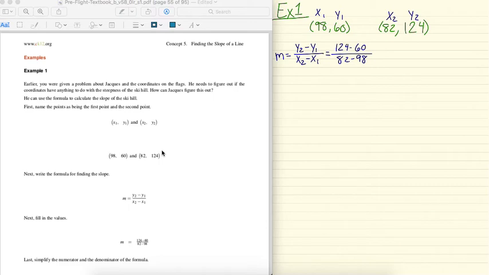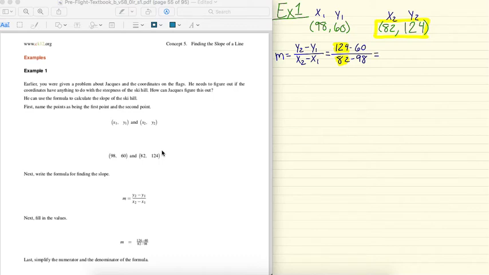What I mean by that is 124 is paired with 82 in this point above. Notice that I have each of those numbers written first in my numerator and denominator, and I have the other numbers written second. So it's important that that order is consistent. If I write 124 first in my numerator, I have to write that point's x value first in my denominator as well. It's really important to stay consistent there.